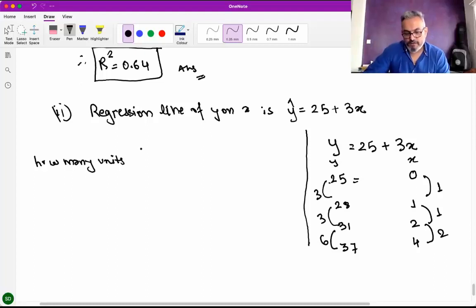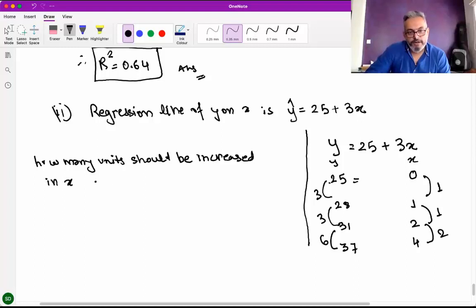I'm writing the question over here, you also please write this: how many units should x be increased to increase y by 15 units.